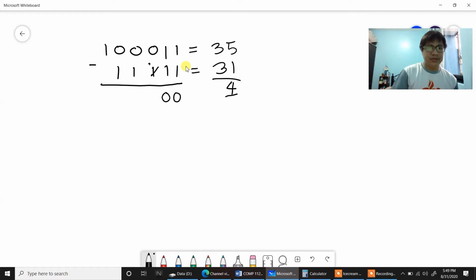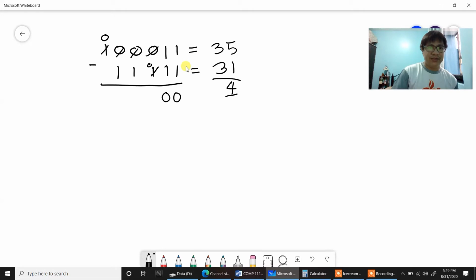The 0 needs to borrow from here, so it will bypass the zeros, then go for the value that contains 1. So 1 will change to 0.